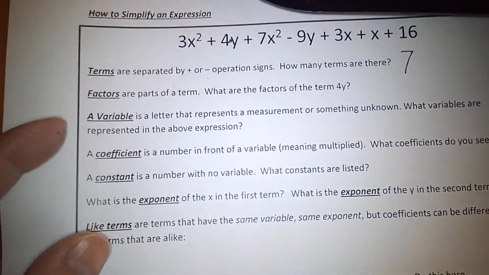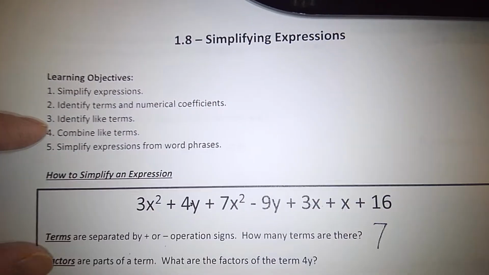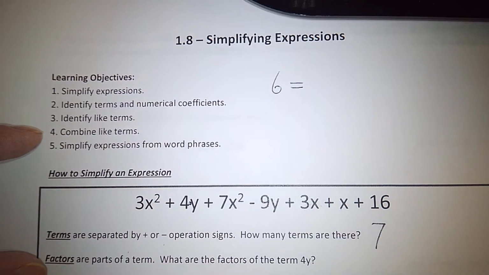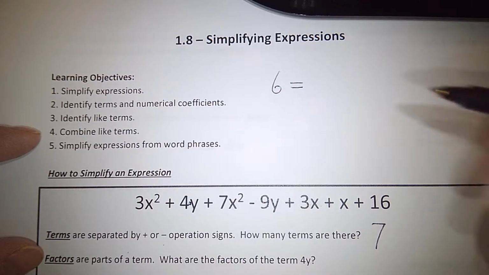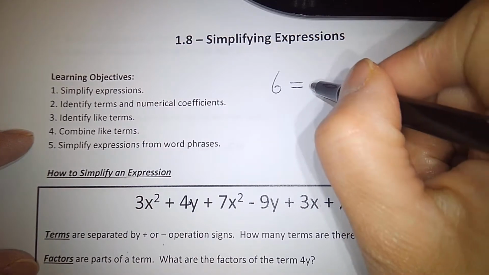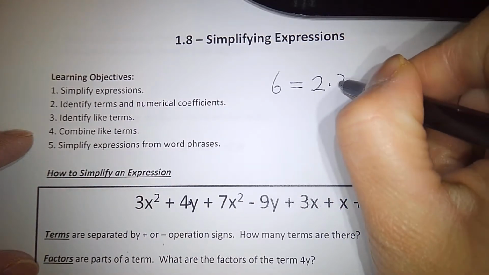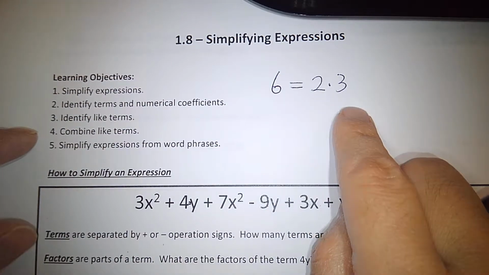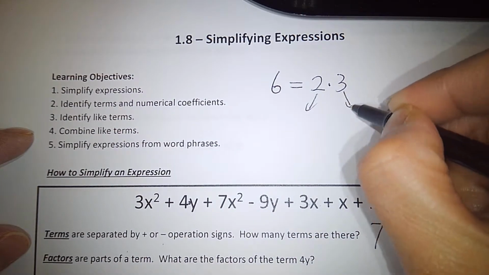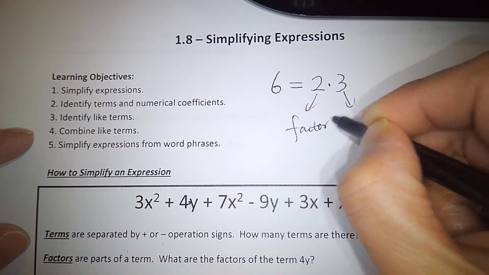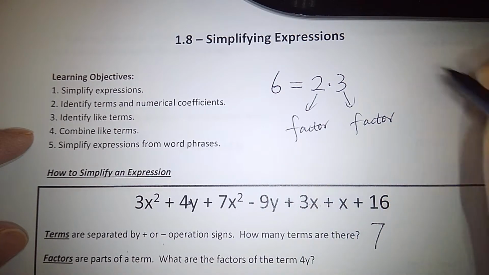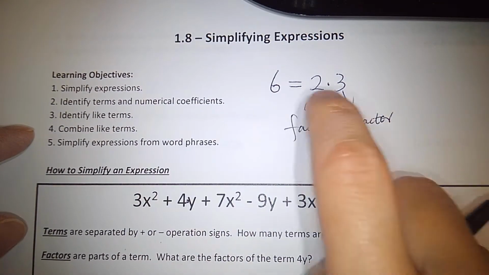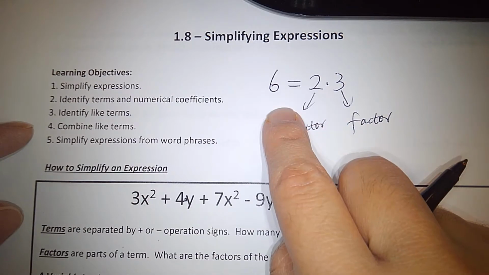For example, if we use a purely number, how can we factor 6 by prime numbers? 6 can be factored as 2 times 3, right? So each of 2 and 3 is called a factor. 2 is a factor of 6, 3 is a factor of 6.